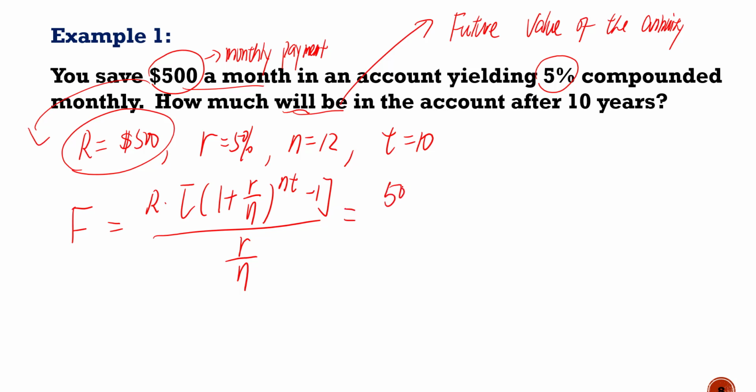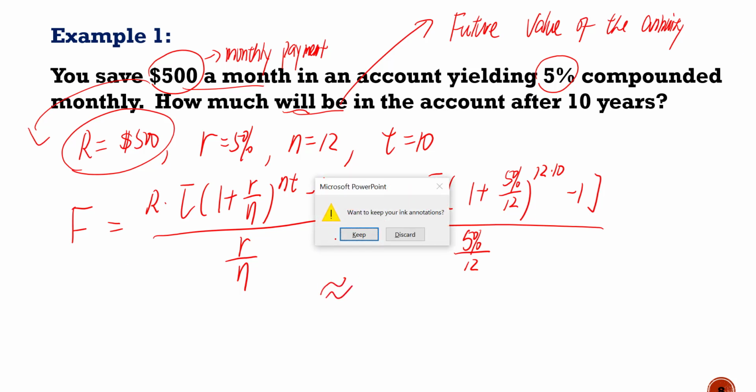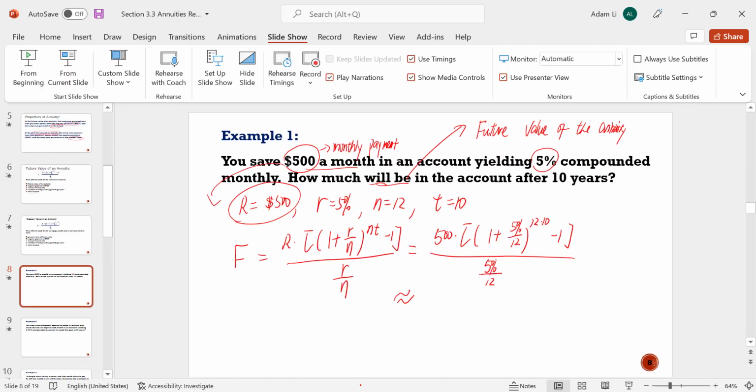Regular payment $500 times (1 plus 5% over 12) raised to 12 times 10, minus 1, over 5% over 12. Again, this is quite sophisticated, so we definitely need a calculator or Excel to do this. I'll show you how to do this in Excel.